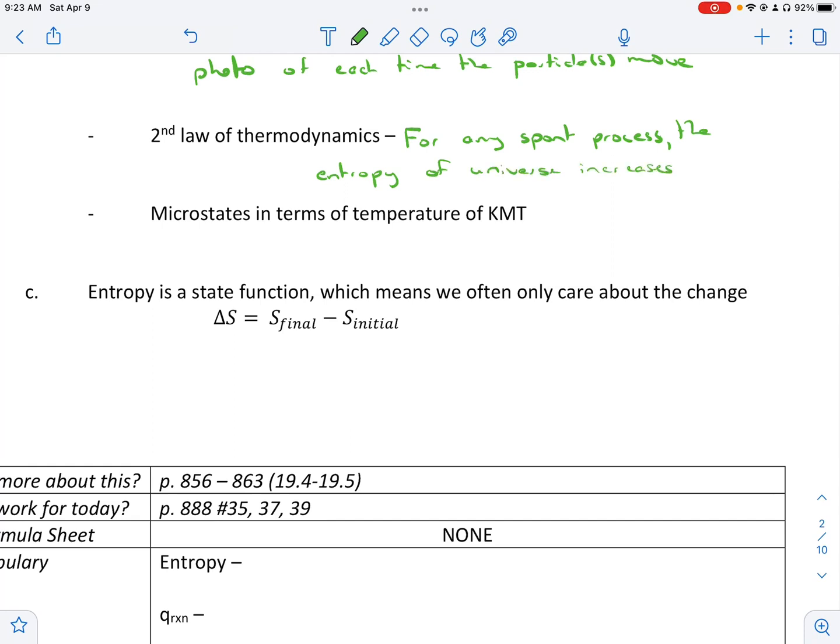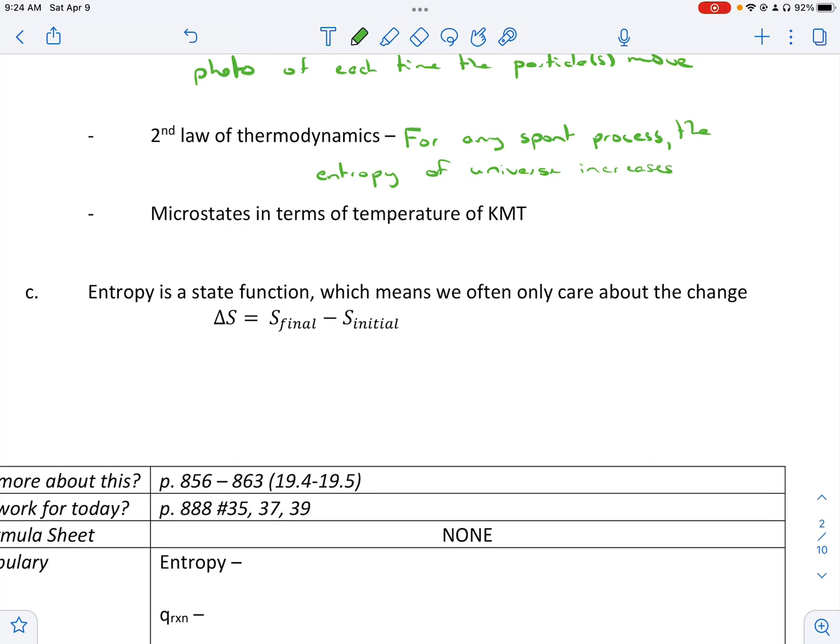All right. So that's how we get spontaneous processes. The entropy of the universe is increasing. So that gets kind of crazy if you think about it, but there are a lot of ways that the entropy can change or we can have movement there. All right, let's continue on.